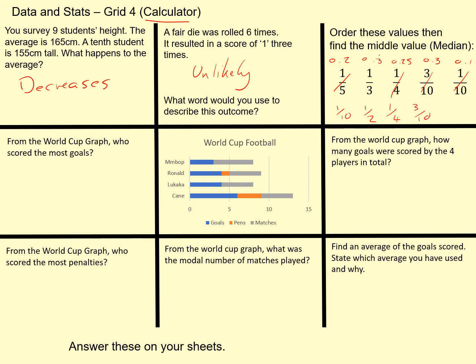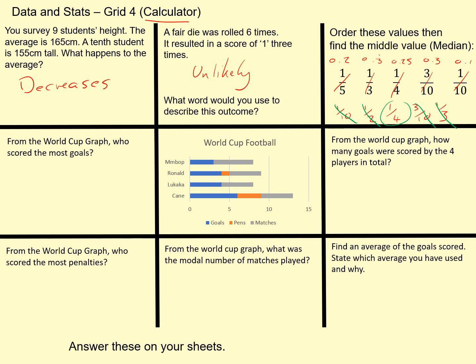And then finally, we've got 1/3, which is the biggest, 0.3 recurring. And then we find the median value, the middle one. Well, that's going to be a quarter. It's the one in the middle. So again, if you were working on a larger data set, the process is you cross off the 2 end ones, and then you cross off the next 2 end ones until you're left with the one in the middle.